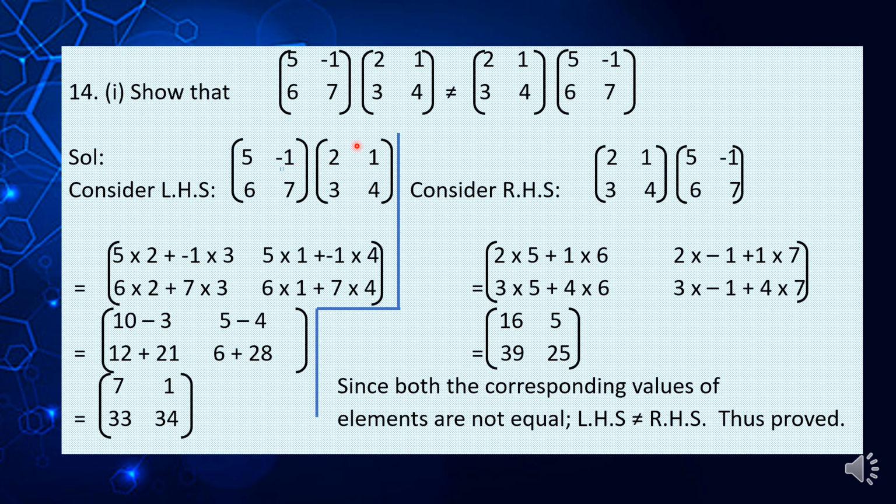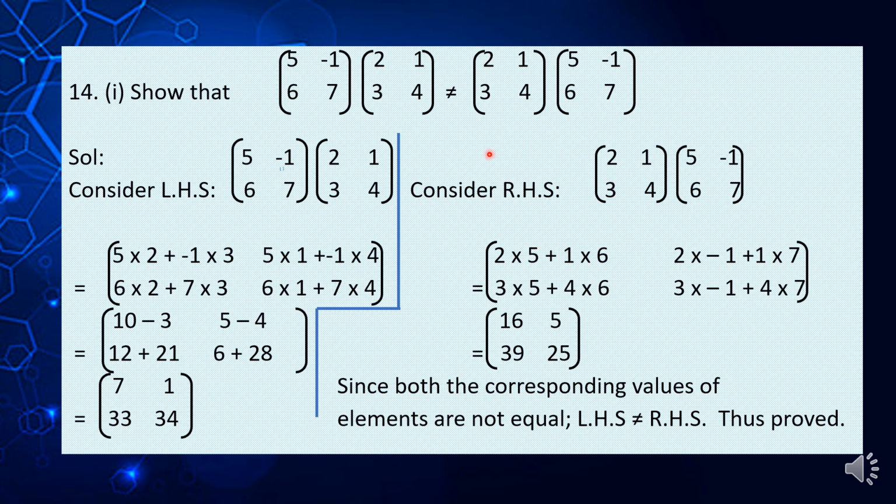That would result in 10 minus 3, 5 minus 4, 12 plus 21 and 6 plus 20. 10 minus 3 would give us 7, 5 minus 4 would be 1, 12 plus 21 would be 33, 6 plus 20 would be 26. So this is the matrix that is the product of these two matrices.